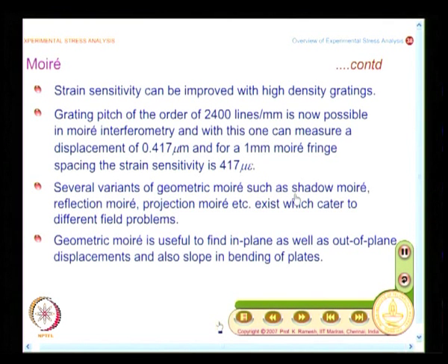Then you have several variations, you have shadow moire, you have reflection moire, you have projection moire, which cater to different field problems. And if you recall, we had seen reflection moire has been used for finding out the curvature in the last class, and geometric moire is useful to find in plane as well as out of plane displacement, and also slope in bending of plates.